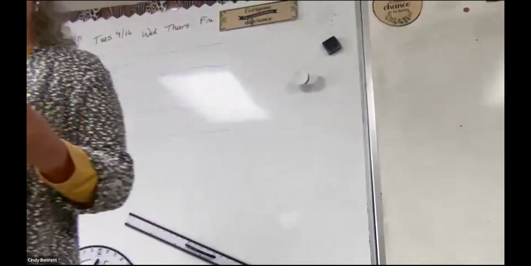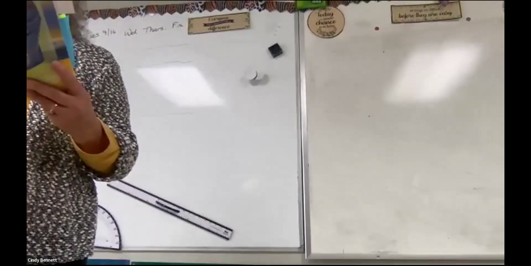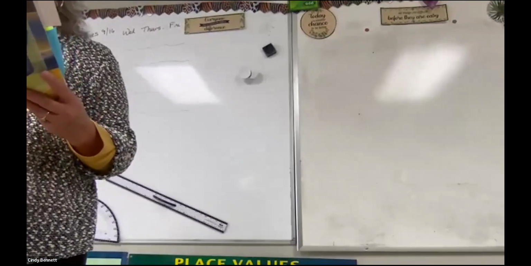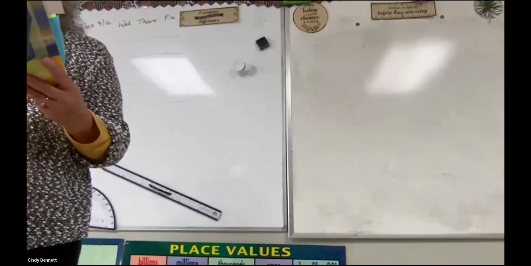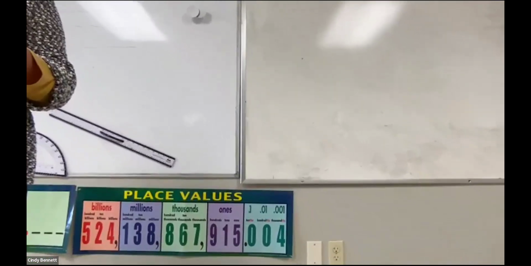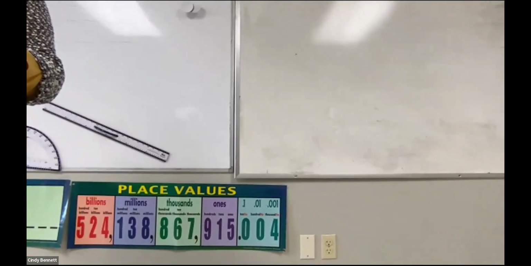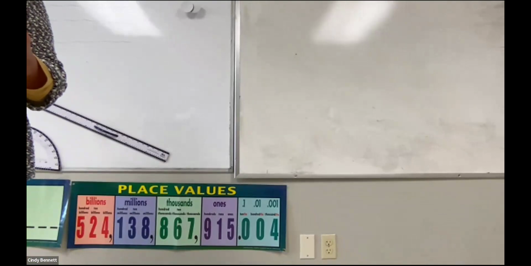So the rule, in example 2.2, says simplify each side of the equation, isolate the variable term, and then first you're going to add or subtract, then you're going to multiply or divide, and then you're going to check the solution.